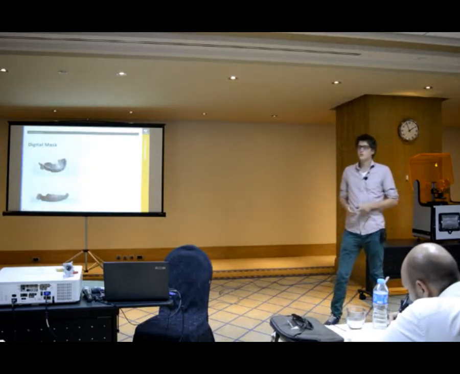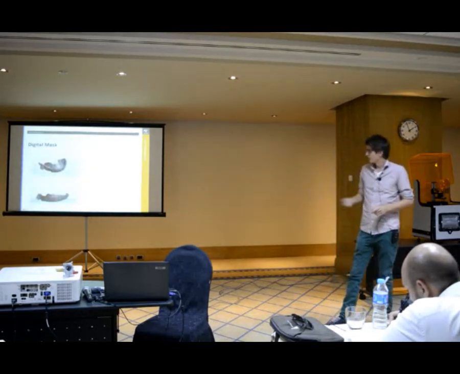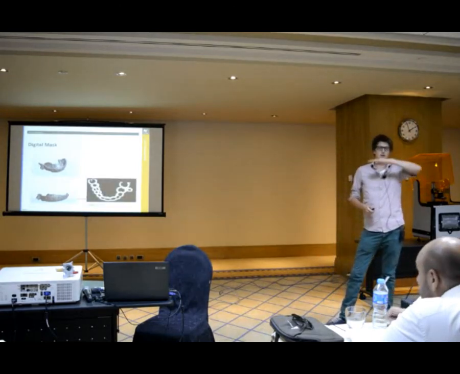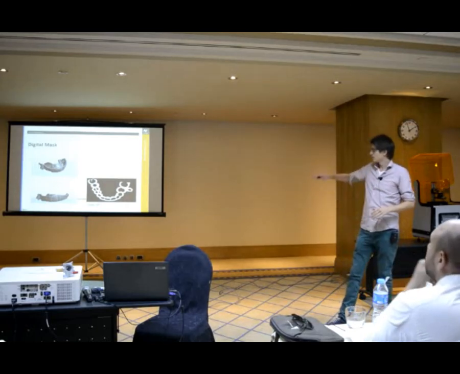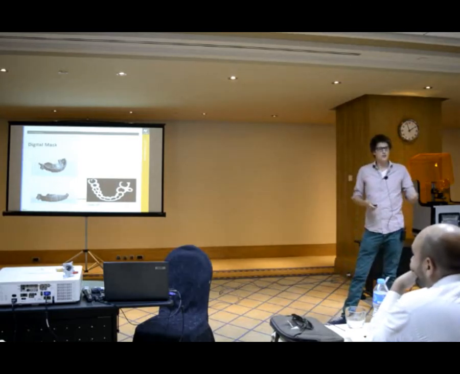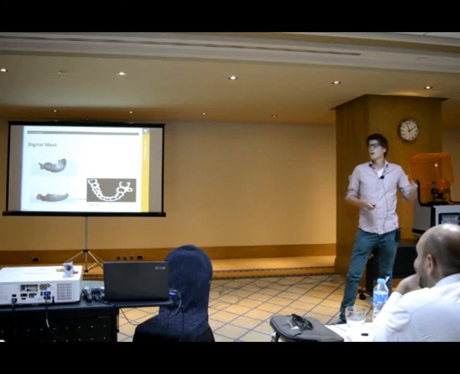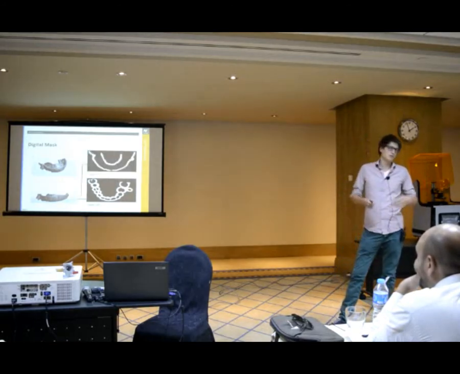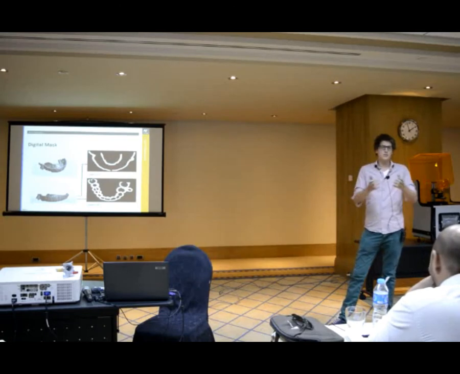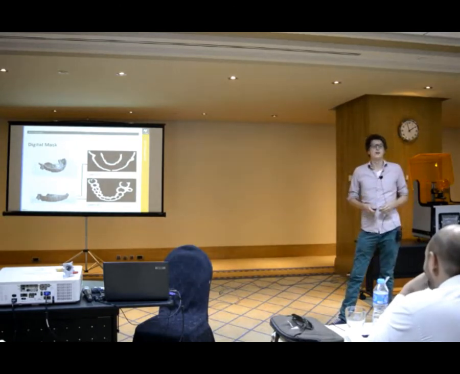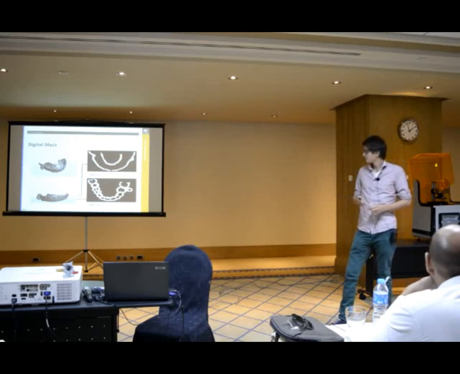For instance, if you want to make this model, then your layer 125, because you have these stacked layers, will look like this, and on the white spots the resin will be cured, and on the black areas the resin will not cure. On some other layer, this is the shape it will have, and by stacking all these layers together you can make a 3D printed object.